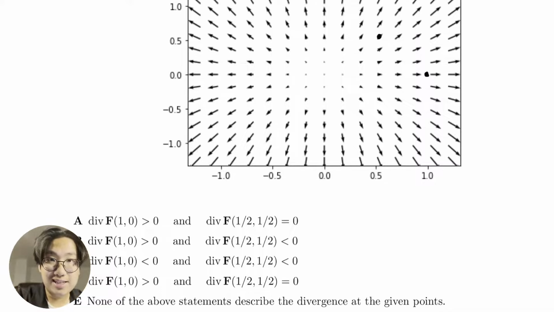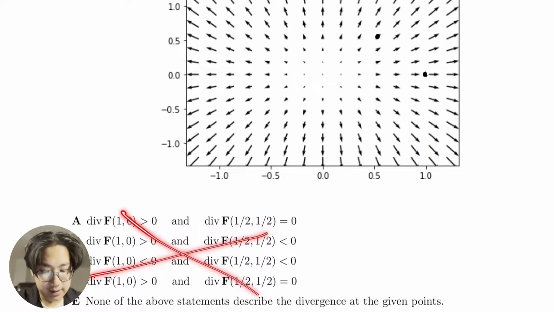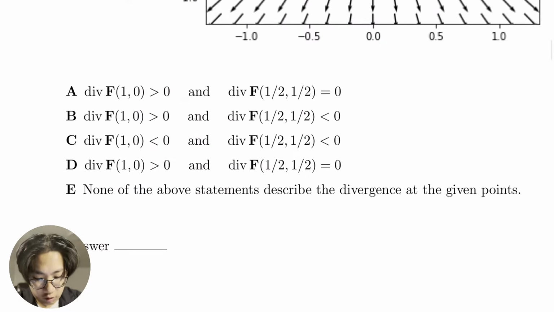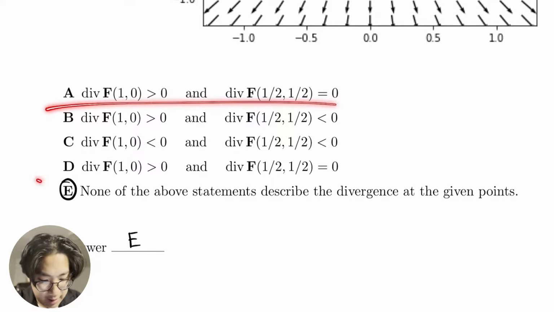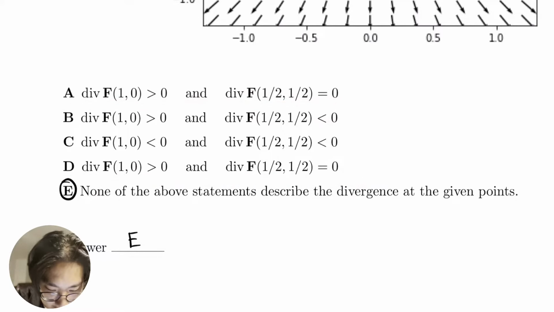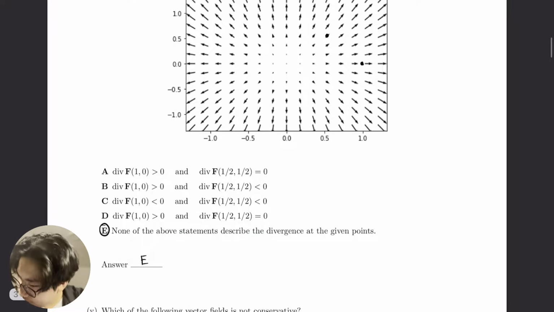Regardless, the point is, for the point (1/2, 1/2), the divergence of f at that point is either equal to or less than 0, which obviously isn't positive. Hence, none of these options can be correct, and E is our correct final answer. So yeah, I'm not sure if the A and D being the same was intended. Regardless, E was, let me quickly check. Yeah, E was the correct answer in this case.